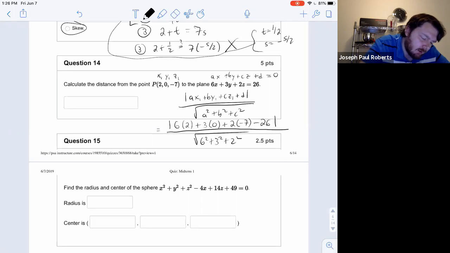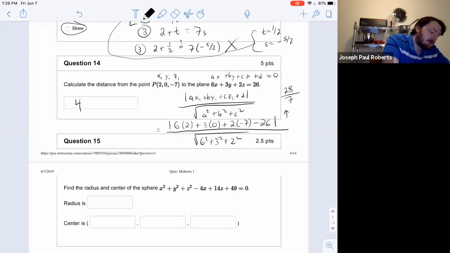So what? We have 12 minus 14 is negative 2 minus 26 is negative 28. Absolute value of negative 28, of course, is 28. And then 36 plus 9 plus 4 is square root of 49, which is 7. So the answer then is 4.